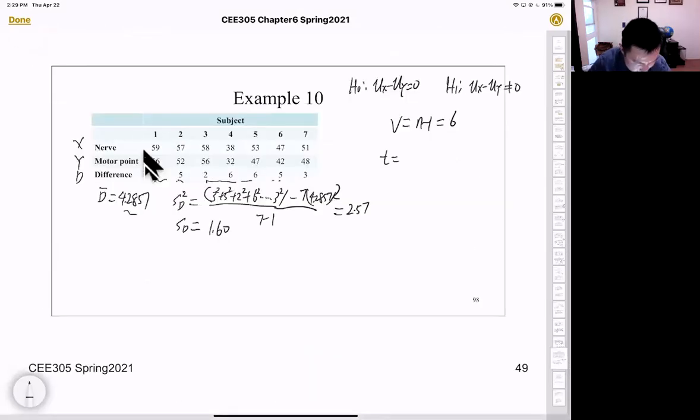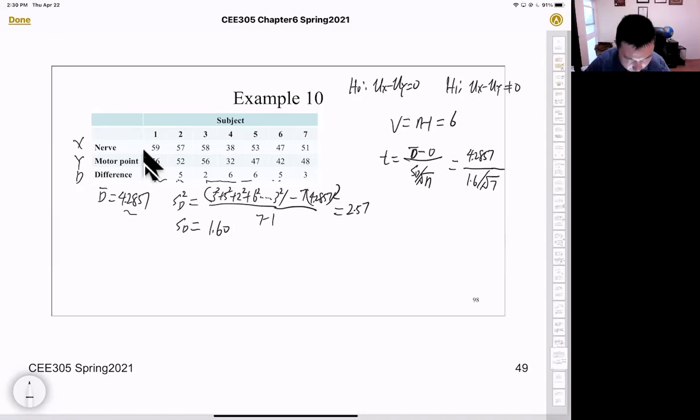Because the sample is only 7, less than 30, we calculate the t value based on the equation. Delta 0 is 0. The average of the difference is 4.286, the standard deviation is 1.6, and n is 7.